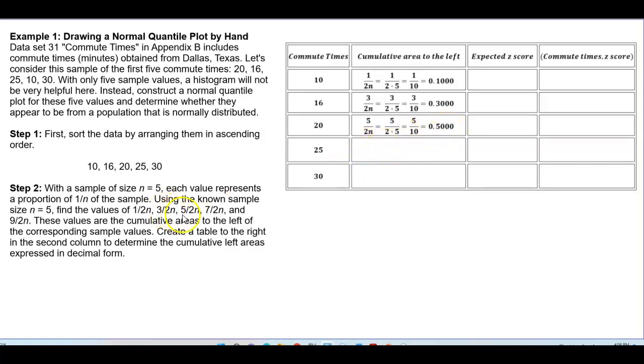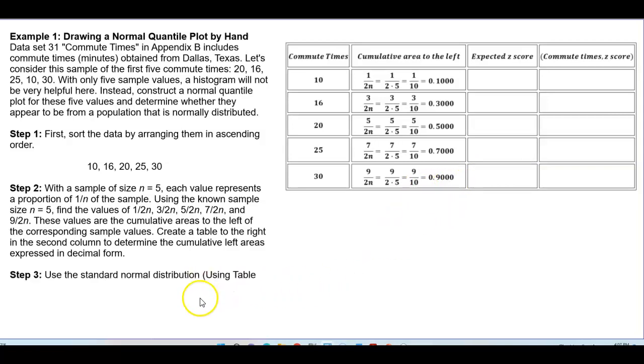The next number is 7/2n. Again, n is equal to 5, so it's 7/2 times 5, which is 7/10, and as a decimal it's 0.7000. And the last one is 9/2n. Replacing n with 5, this is 9/2 times 5, which is 9/10, and that gives us 0.9000.